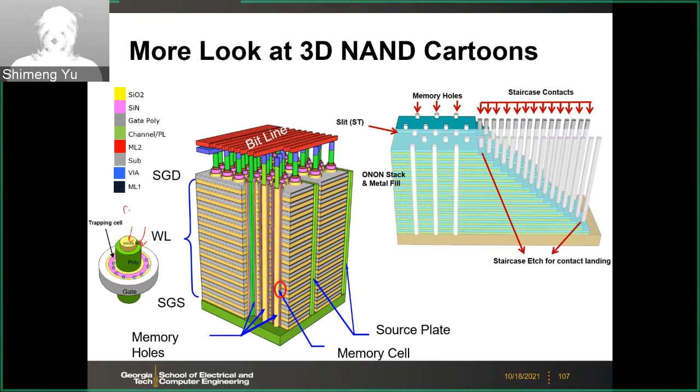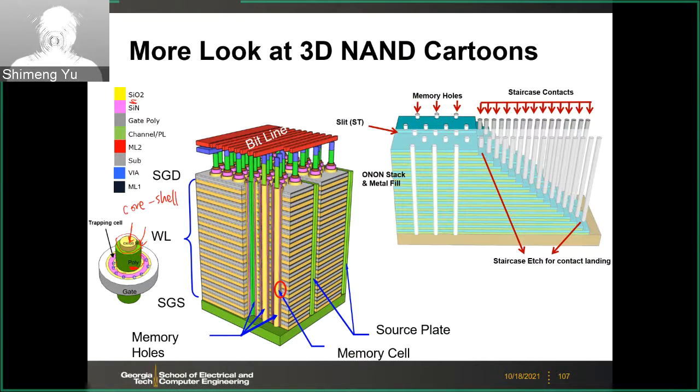It's a core shell structure. The core is oxide, it's not conductive. The channel is polysilicon. In this case, the green part is a shell surrounding the core. And then you have other layers surrounding it for the charge trapping.